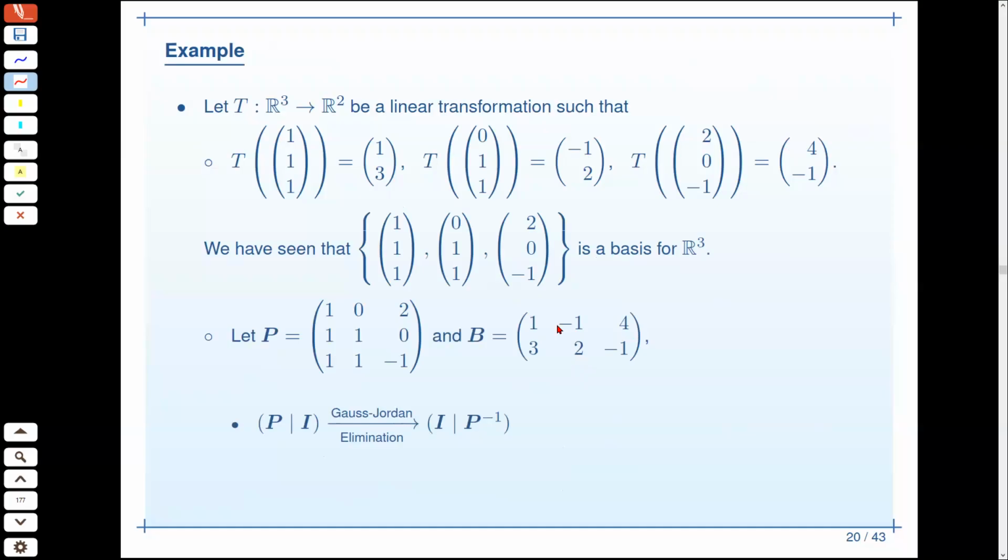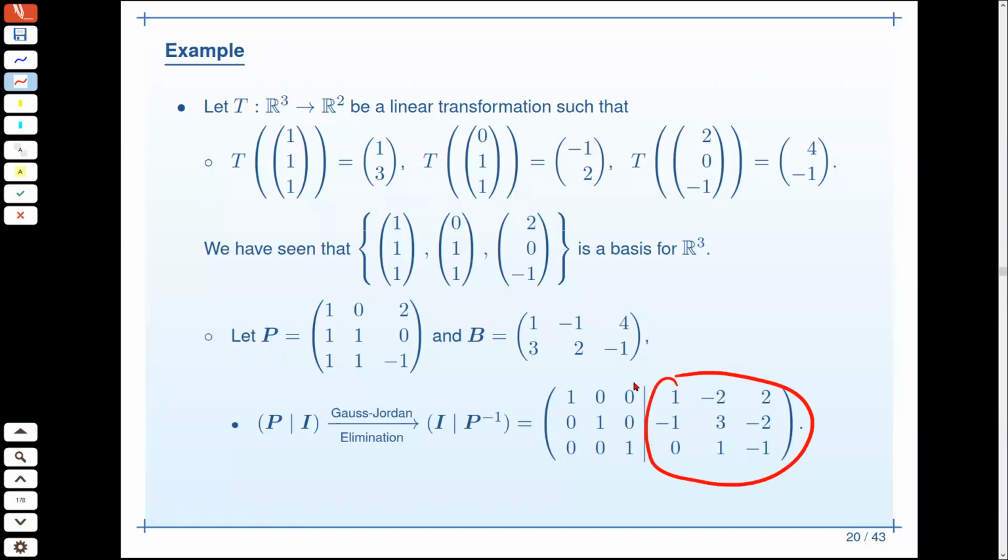In order to get A, which is B P inverse, we need to find P inverse. Starting from [P | I], we apply Gauss-Jordan elimination to go to [I | P inverse], which is here. This part is the P inverse.